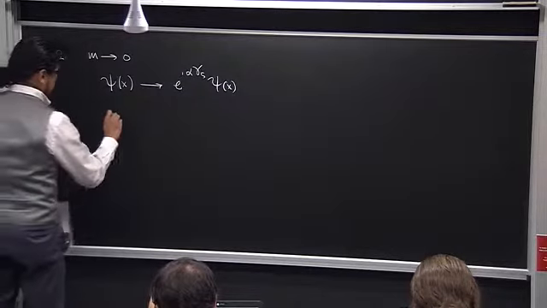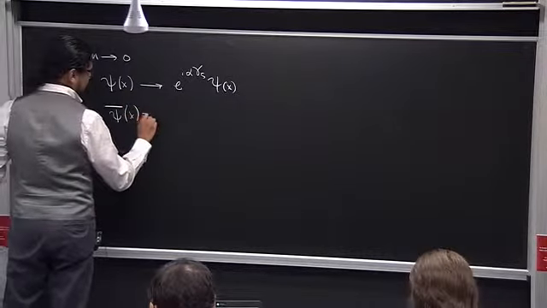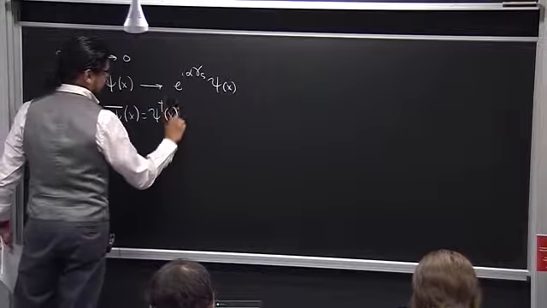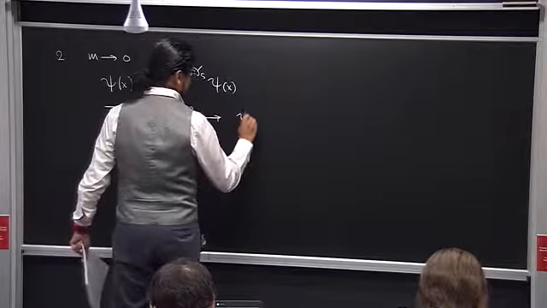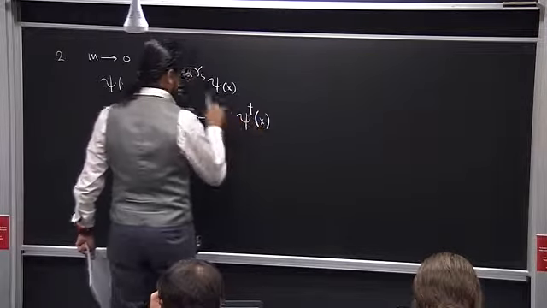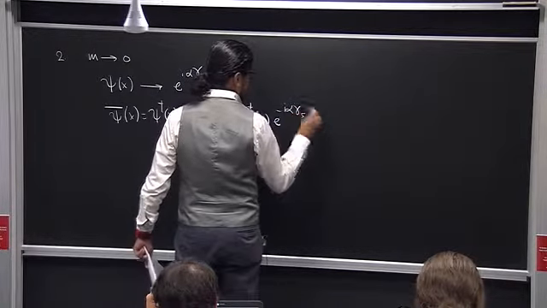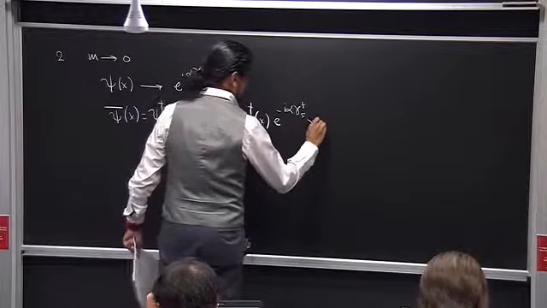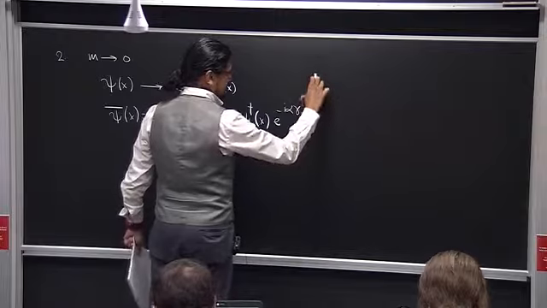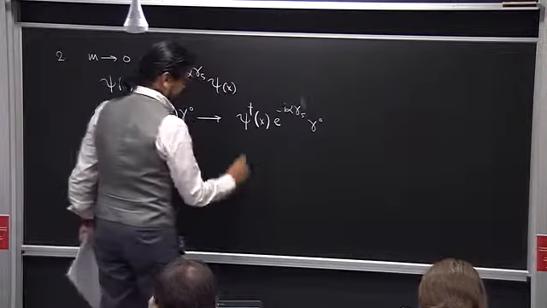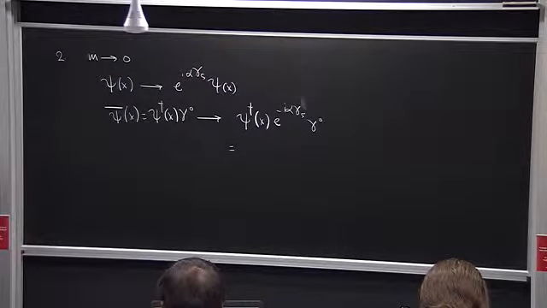Then psi bar of x, which as we know is psi dagger of x times gamma 0, will transform as psi dagger of x e to the power minus i alpha gamma 5 dagger, gamma 0, right? However, gamma 5 is Hermitian, so we can get rid of this. And gamma 5 anticommutes with gamma 0.